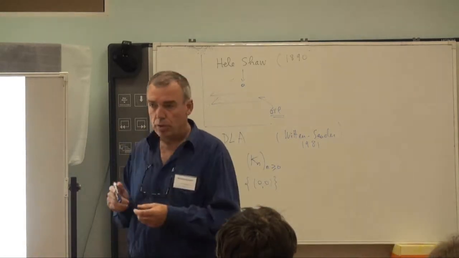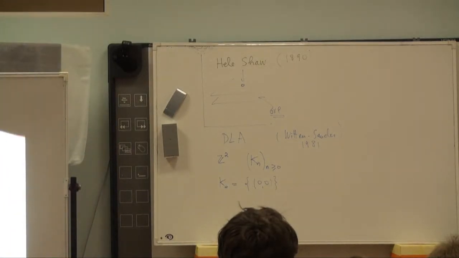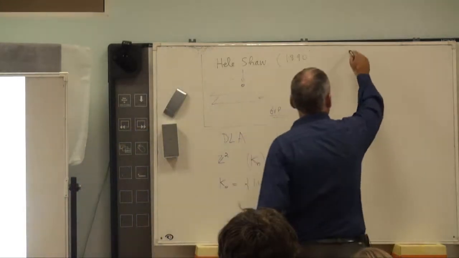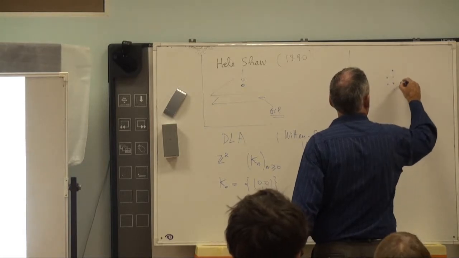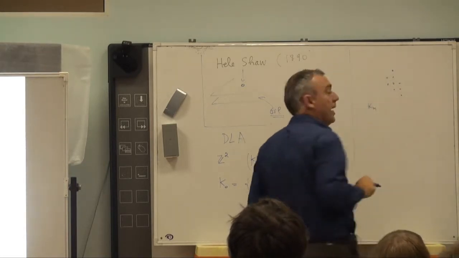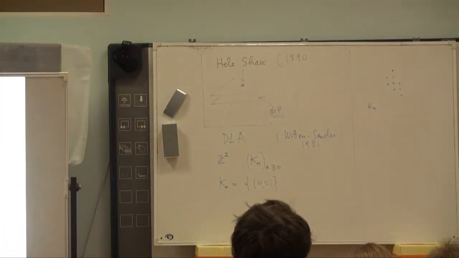And then what you do is, suppose that K_n has been constructed, something like this. Suppose that this is K_n. Then how do we obtain K_{n+1}?